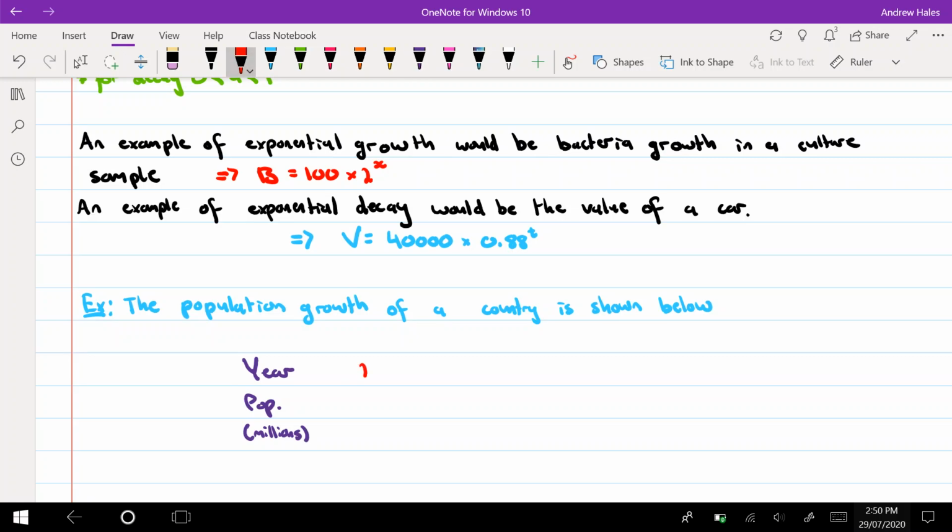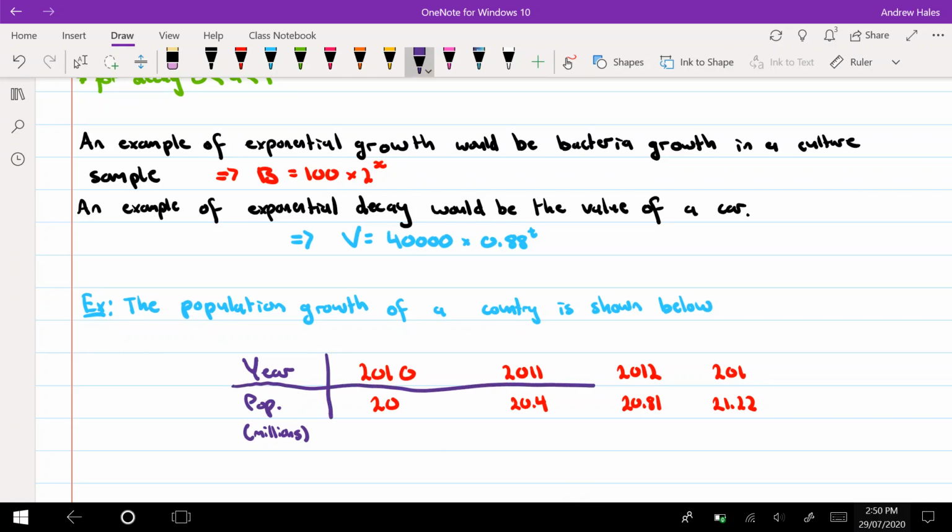So we'll have 2010, 11, 12, and 13, and we had 20 million, we had 20.4 million, we had 20.81 million, and 21.22 million. Alright, and that is just our table of values for this.